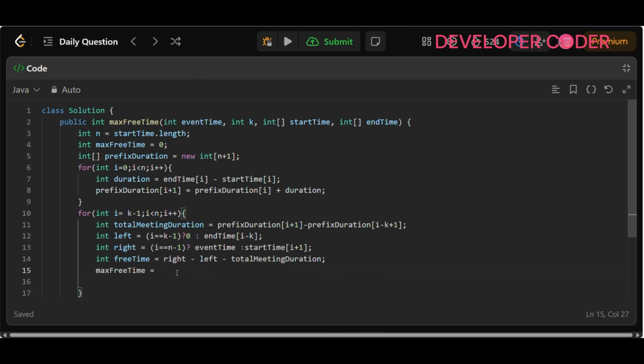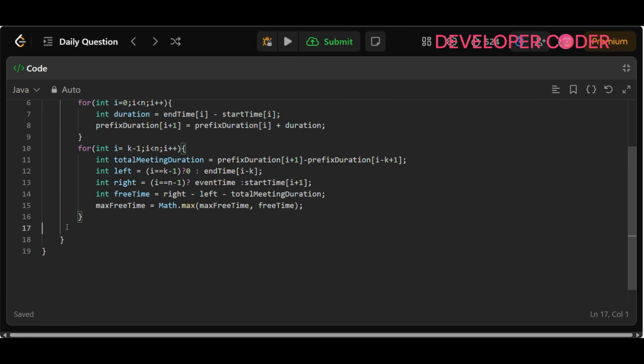And then calculate the max free time side by side. So here Math.max of max free time and the free time that I'm going to get now. In this way I'm going to update the max free time. Done. All right, and once all this is done, in the end you can simply return max free time. That's it.